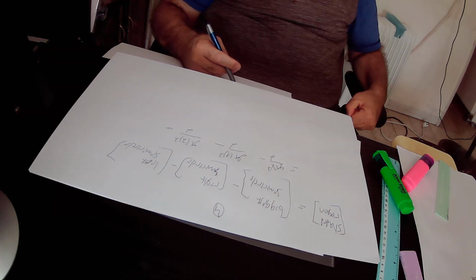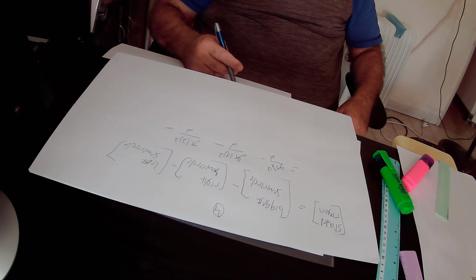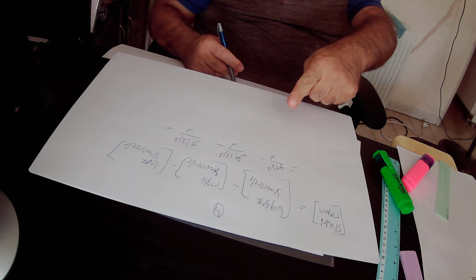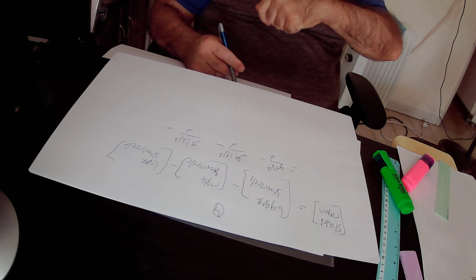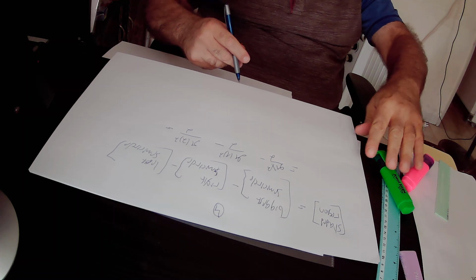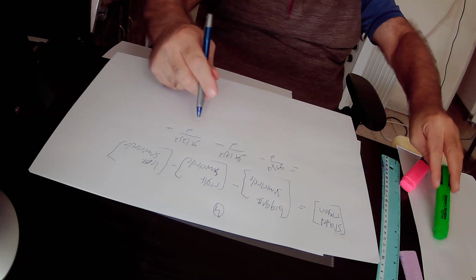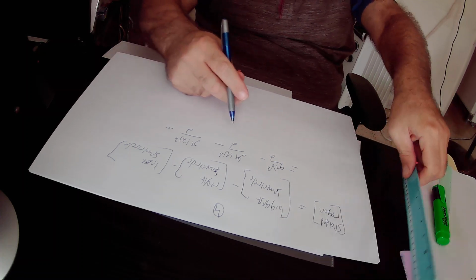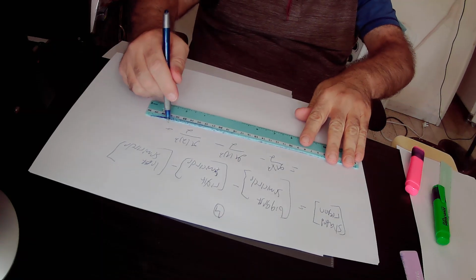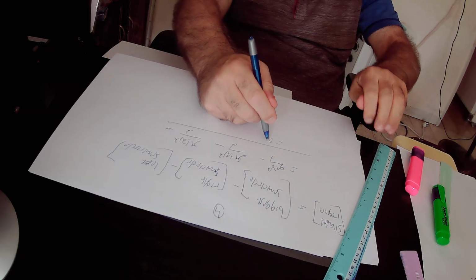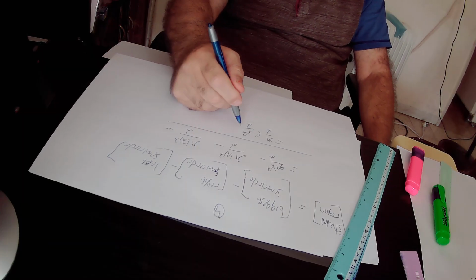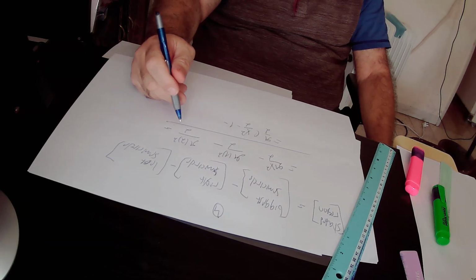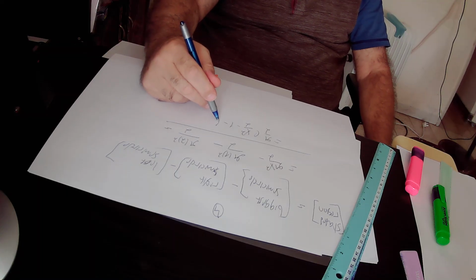So in total, we found that the area of the shaded region equals pi x squared over 2, minus pi 1 squared over 2, minus pi 2 squared over 2. Here we take pi over 2 as a common factor out of those three expressions. Inside the brackets we are left with x squared, minus 1 squared, which is minus 1, minus 2 squared, which is minus 4.